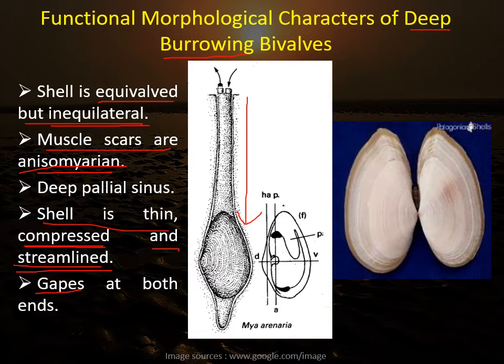So they have a permanent pedal gap and siphonal gap, so that when the valves are closed, there still exists some opening from which the food and siphon can go out and maintain contact with the outer environment. So if these shell characters are found in a bivalve specimen, we can say that the mode of life of the bivalve is deep burrowing.